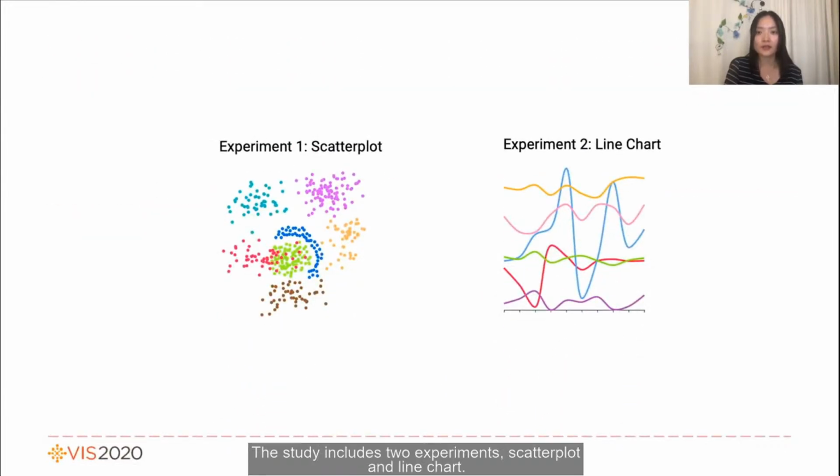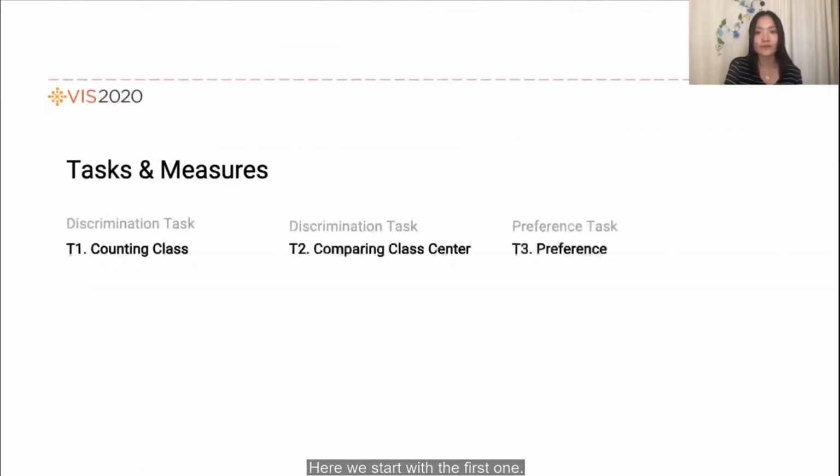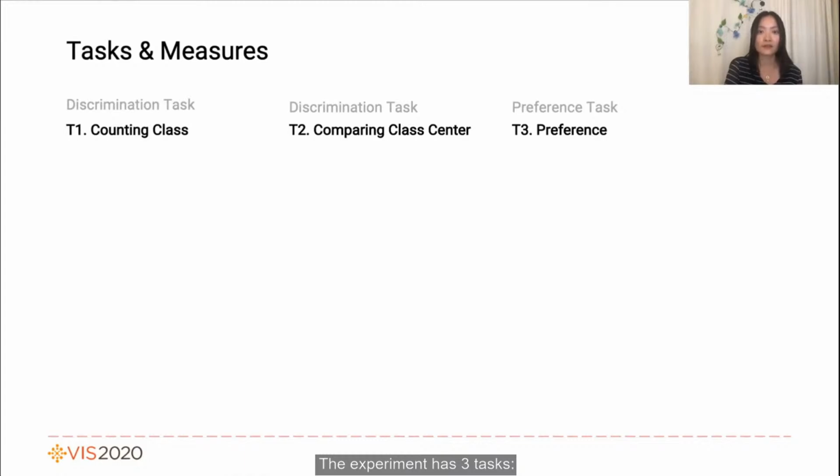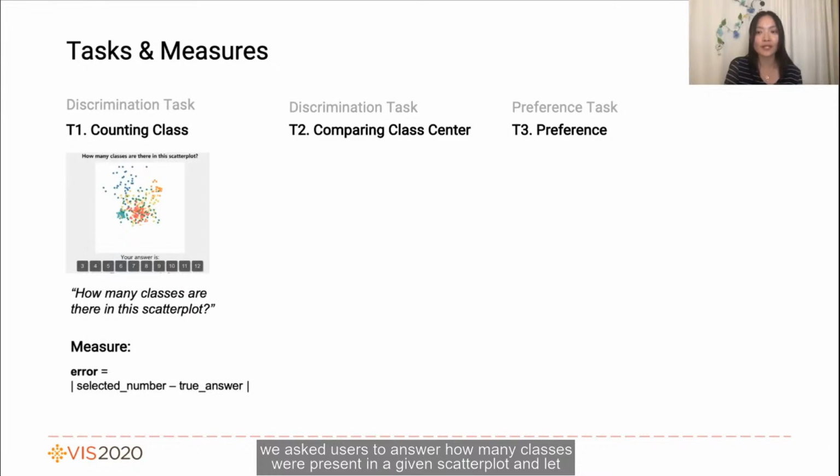The study includes 2 experiments, scatterplot and line chart, and here we start with the first one. The experiment had 3 tasks, 2 discrimination tasks and 1 performance task. The first task is counting class numbers. We asked the participants to answer how many classes were presented in a given scatterplot and let them choose the answer from several options.